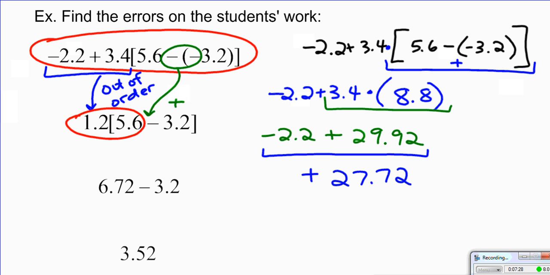The other thing that they could have done is they should have subtracted inside the bracket first, and then that would have given them perhaps the correct value inside the brackets if they hadn't made all those other mistakes in the first row. So when we look at the last line, 6.72 take away 3.2, technically there's no mistakes there, but those two values that they got were already wrong, so there was no way to get a correct solution from this point.